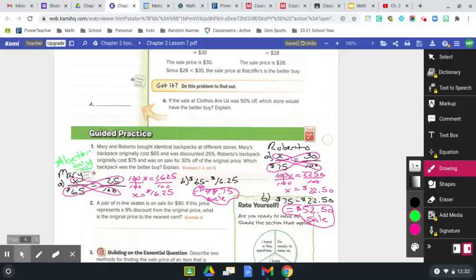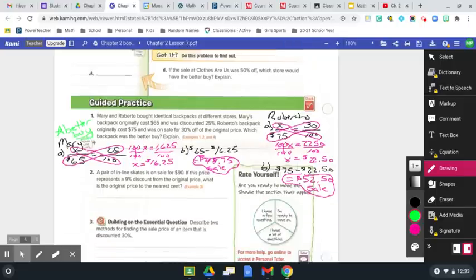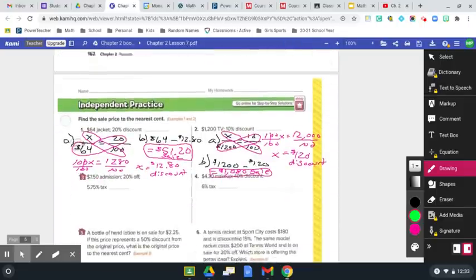So you were comparing the two, and the better buy is that cheaper price. So wherever Mary got her backpack from, she got a better deal. But again, you have to keep in mind too, Roberto's backpack was a little bit more expensive than Mary's originally.